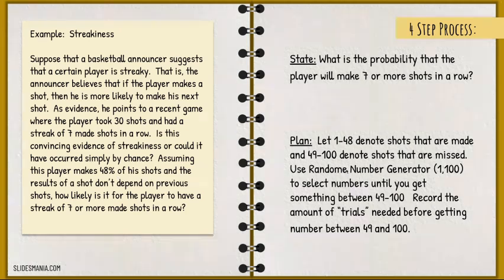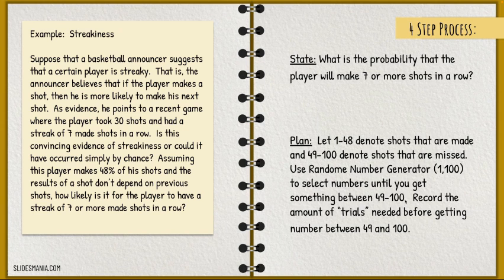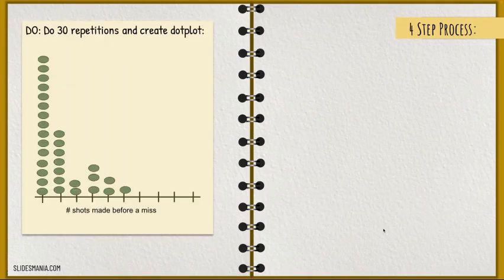Use a random number generator with 1 to 100. Select numbers until you get something between 49 and 100. Record the number of trials needed before getting a number between 49 and 100. Okay, it says do 30 repetitions and create a dot plot.